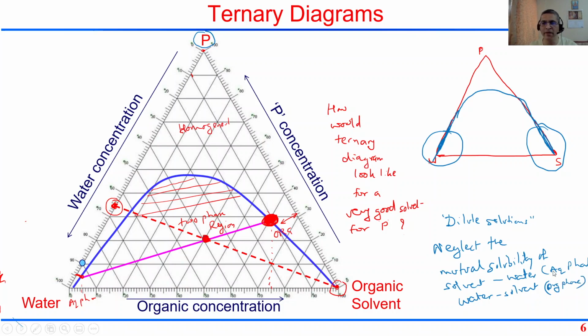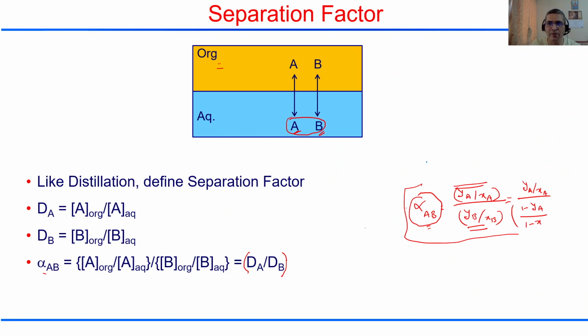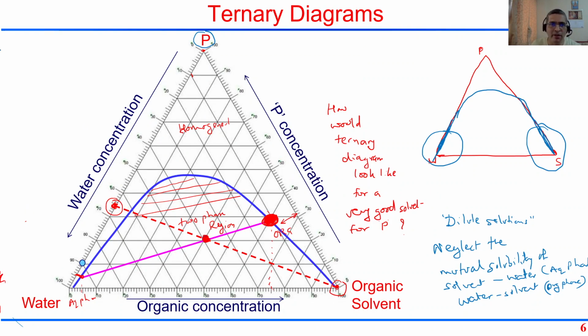So you want to minimize the water solubility in the organic phase, you would want to minimize the solvent solubility in the aqueous phase, right? If that is the case, then you can treat it like a binary system, isn't it? You can treat it like distillation, vapor and liquid, or like the case when you were doing gas absorption.